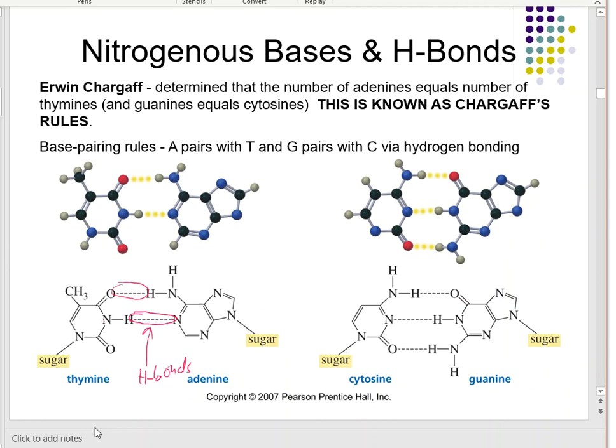They are actually so well positioned in geometry that they snap together like a puzzle piece. And this puzzle piece is going to be held together by a little bit of glue. And that glue are hydrogen bonds. So for every AT pairing, we will get two hydrogen bonds that they will share.